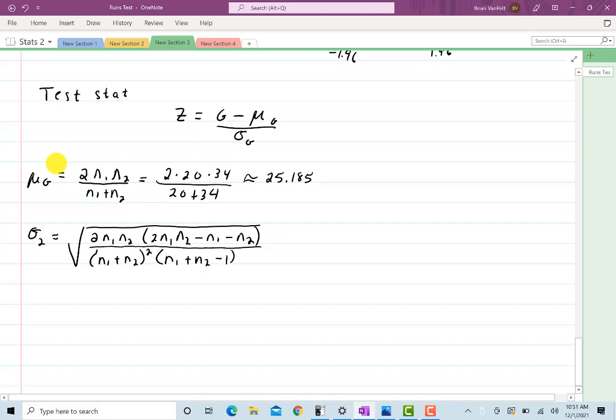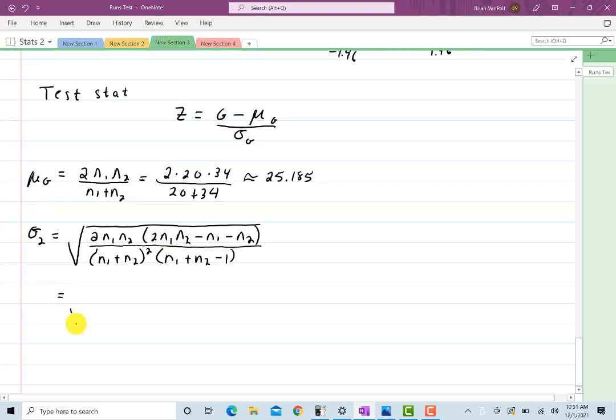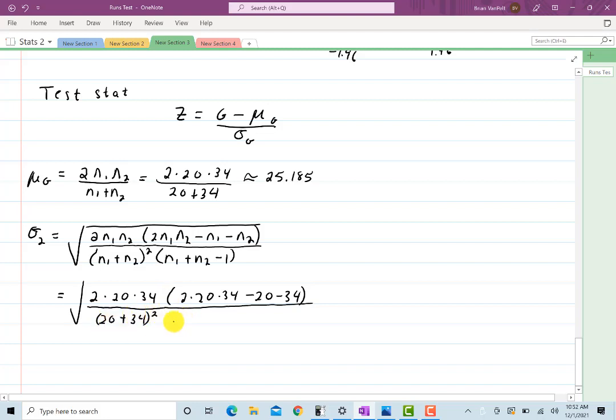And so let me plug my numbers into there. 2 times 20 times 34. In parentheses, I have 2 times 20 times 34 again, minus 20 minus 34, all over 20 plus 34 squared times 20 plus 34 minus 1.